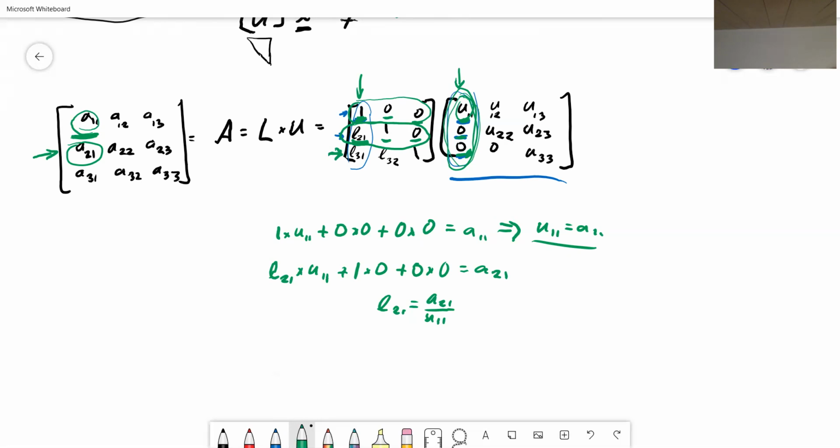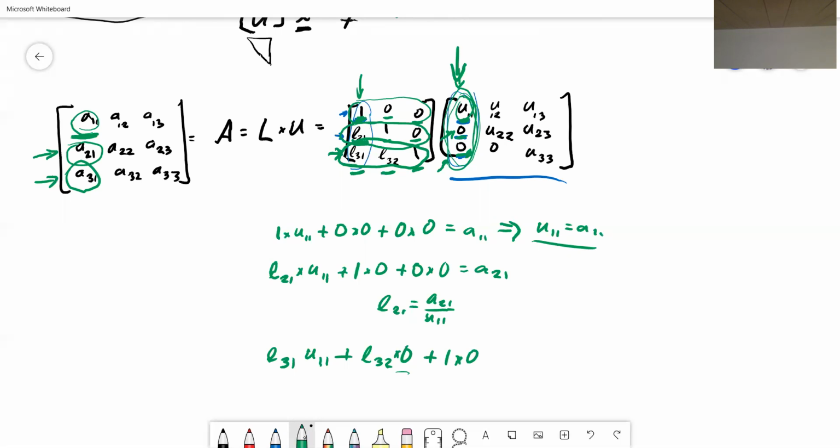Just as before, if we multiply this row times the first column, we will get third row, first column of A. So first element, L31 times U11, plus L32 times 0, plus 1 times 0.